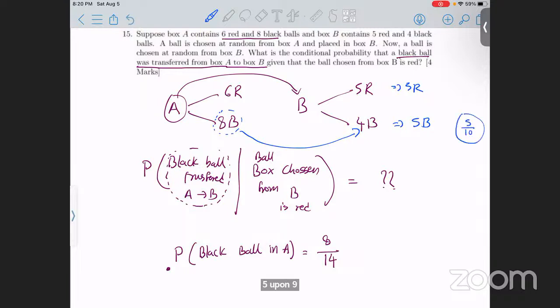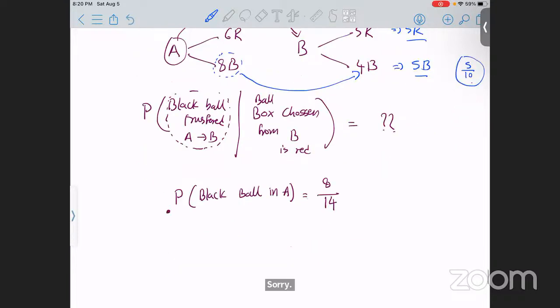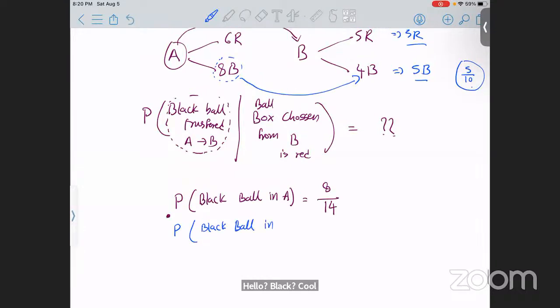This is P of black ball in B, given that a black ball is transferred from A to B, equal to 5 by 10.